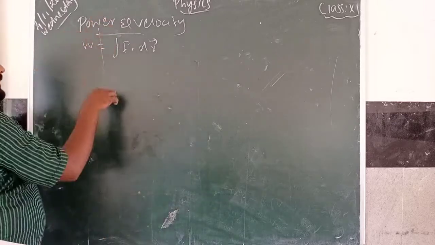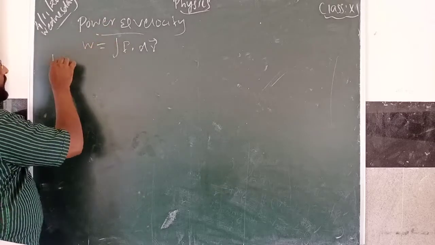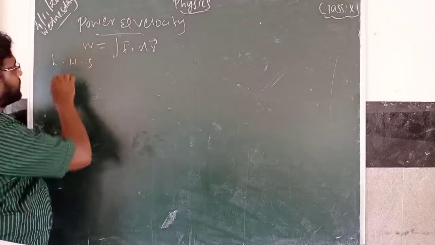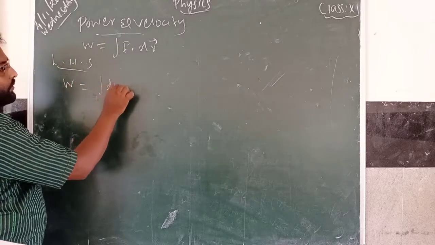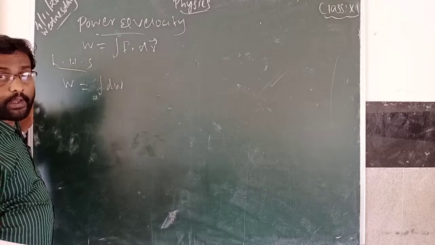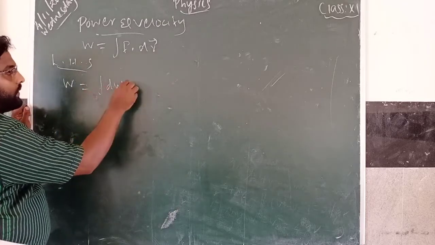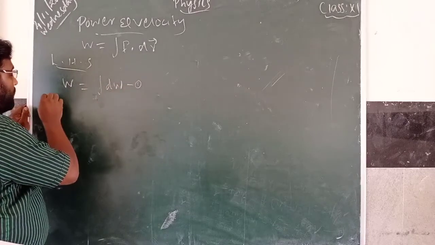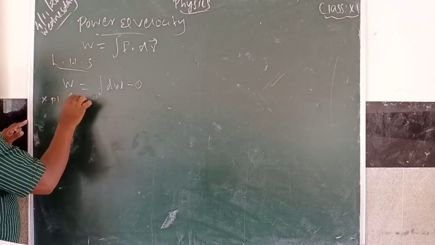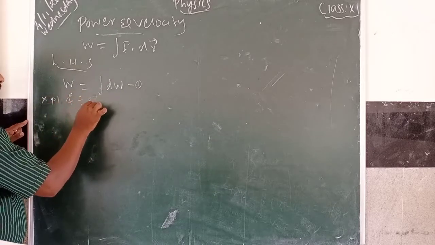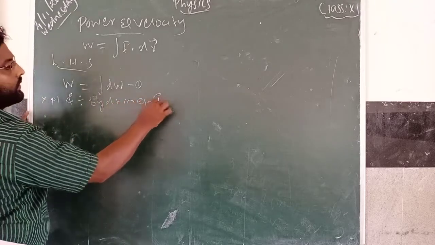So first you take LHS. W, you can integrate, so dW. When we integrate, we will get W equal to the integral of dW. Now you multiply and divide by dt in equation 1.